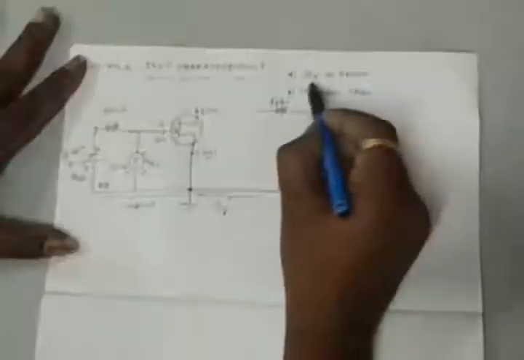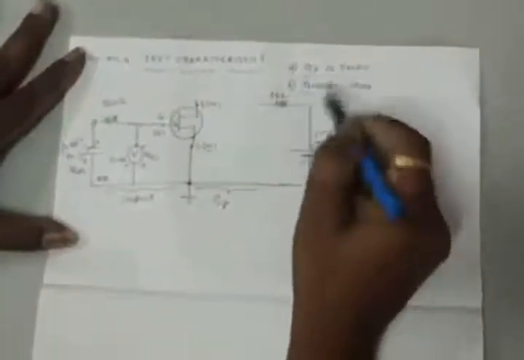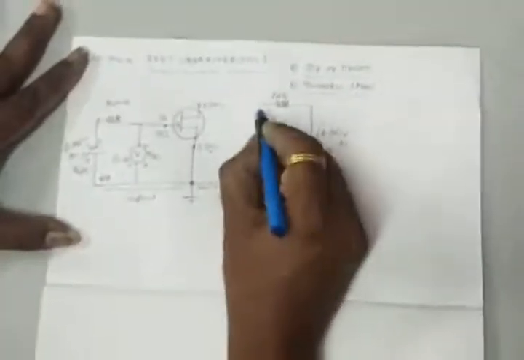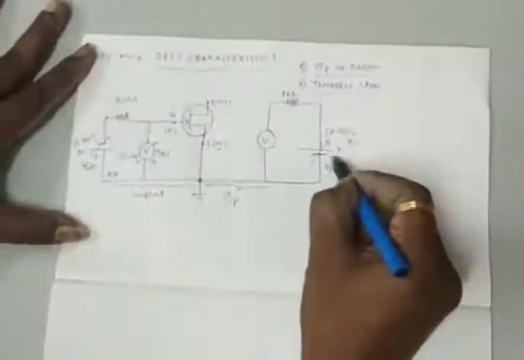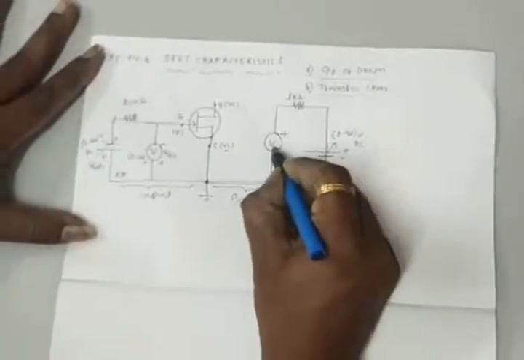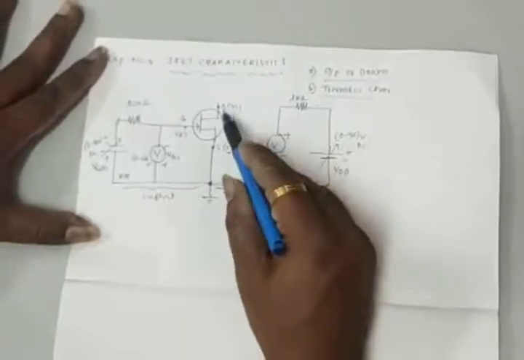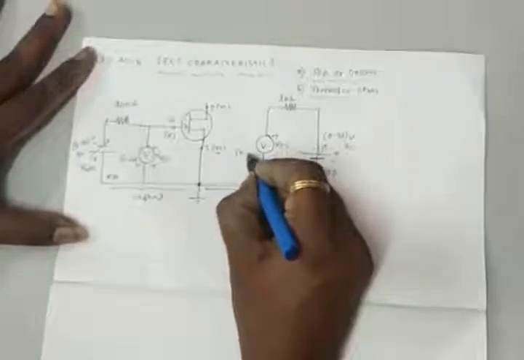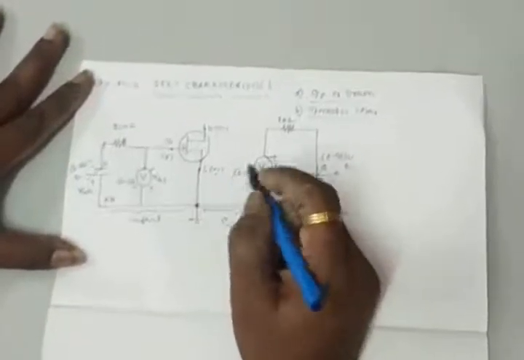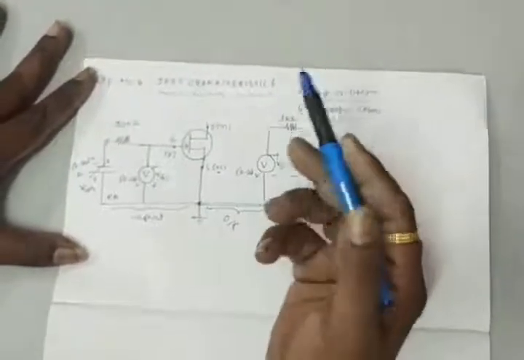In the output characteristics, we require the output voltage and output current, so I am connecting one voltmeter in parallel to the JFET. These polarities plus and minus are there. Here you can connect. Voltmeter name is what? It is connected between the drain and source, so we call it VDS, and its range is 0 to 20 volts. Characteristics means we require the current also.